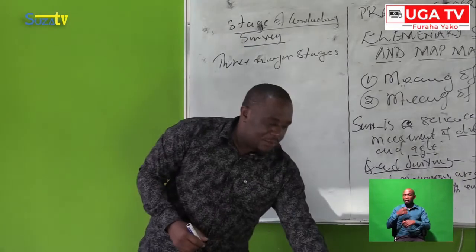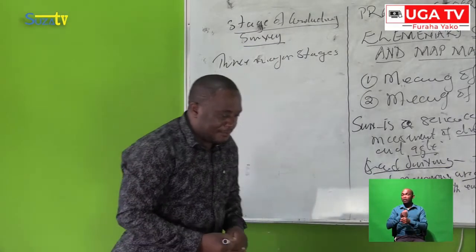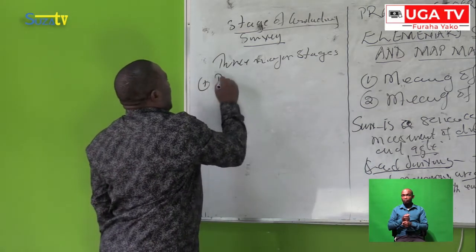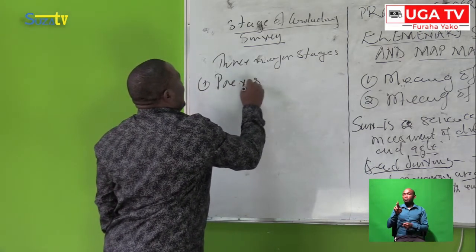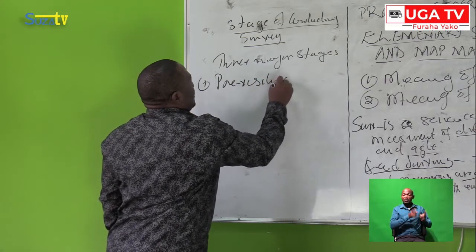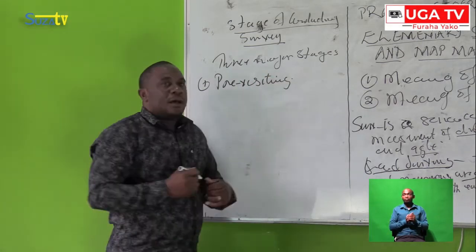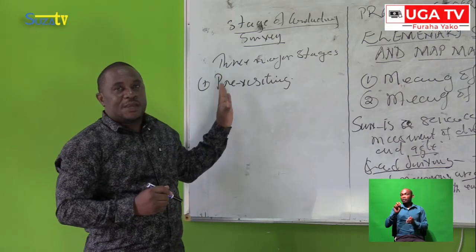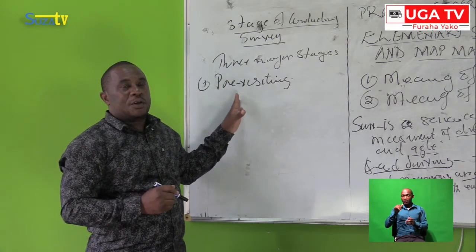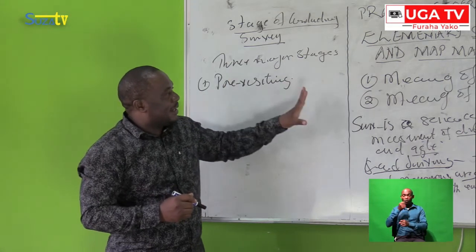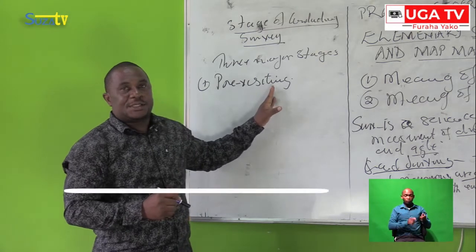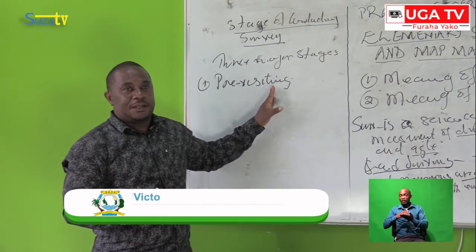Number one should be to make a pre-visit. A survey team or survey group, or the people who deal with survey, need to measure. First they should make a pre-visit to the area in the field.